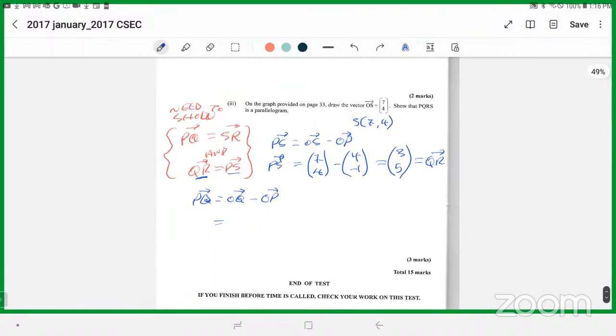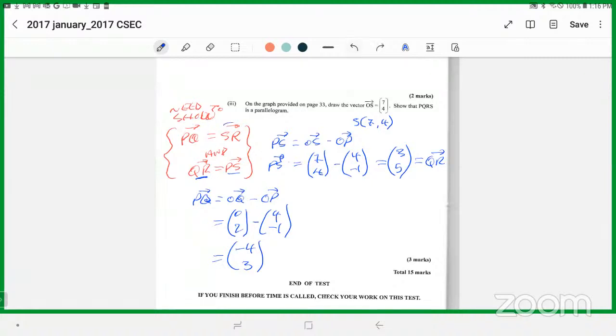So we're doing (0, 2) minus (4, -1). This works out to be (-4, 3), because 2 and -1 give you 2 plus 1, which is 3. That is the PQ.